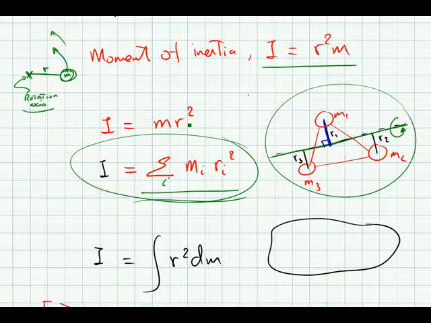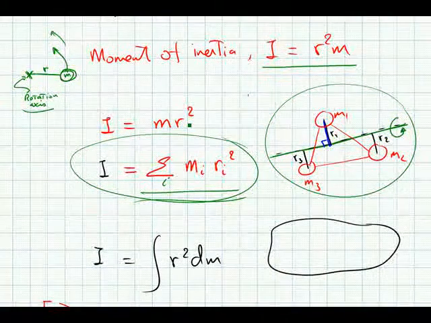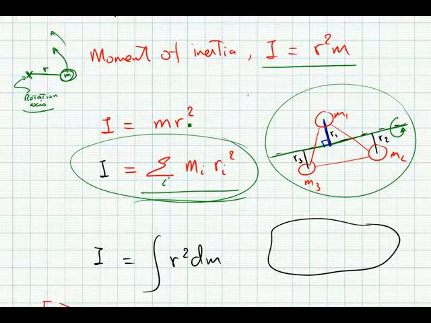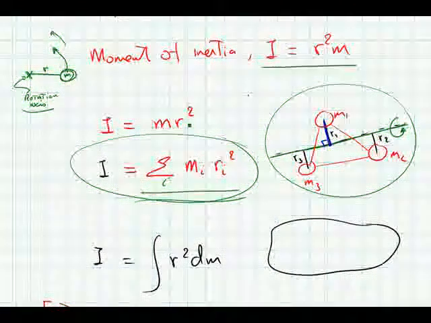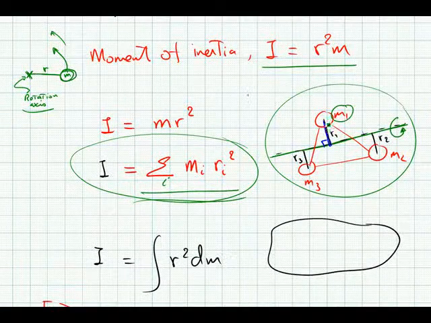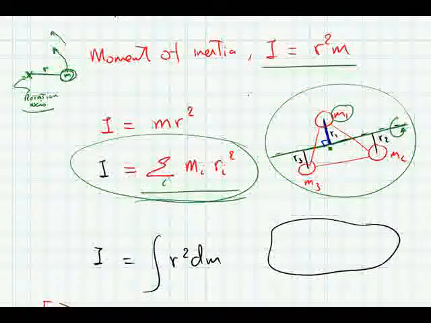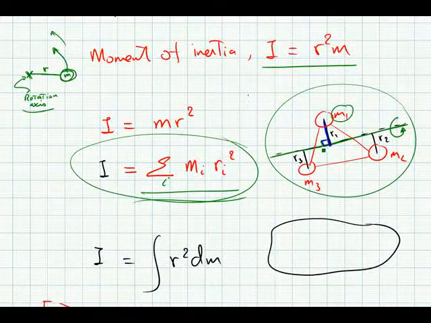So it's the sum of the moment of inertia of m1, moment of inertia of m2 plus moment of inertia of m3. To calculate the moment of inertia of mass 1, you need to know the moment arm for mass 1, which is the perpendicular distance from mass 1 to the rotation axis.